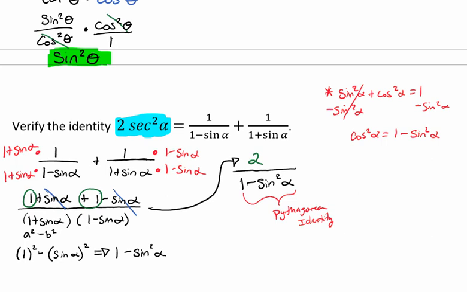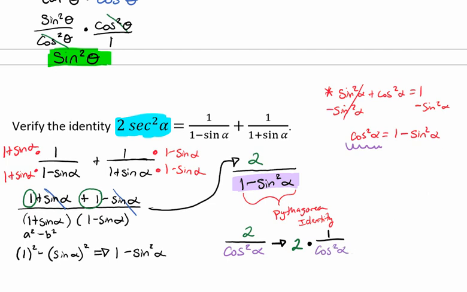And so we can plug in this value right here in for our 1 minus the sine squared of alpha. And so that gives us a 2 divided by a cosine squared of alpha, which is really a 2 times a 1 over a cosine squared of alpha.